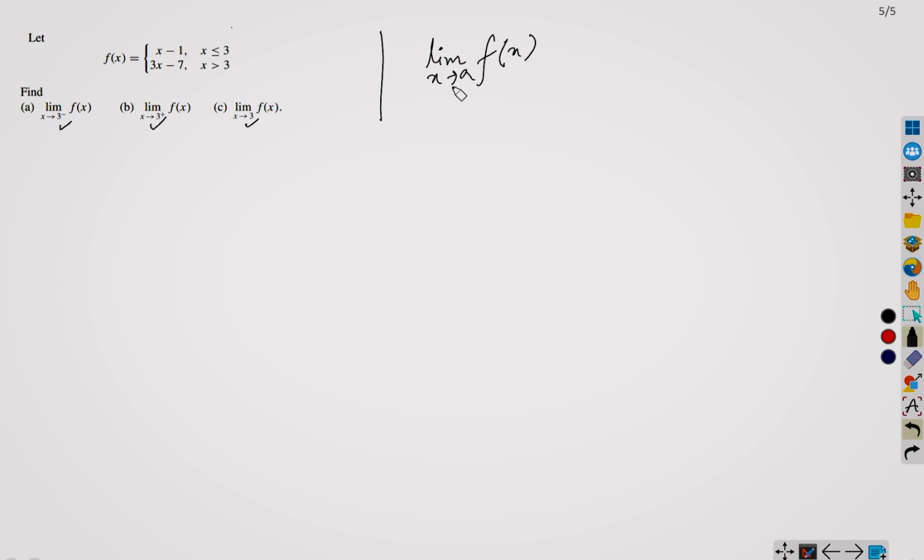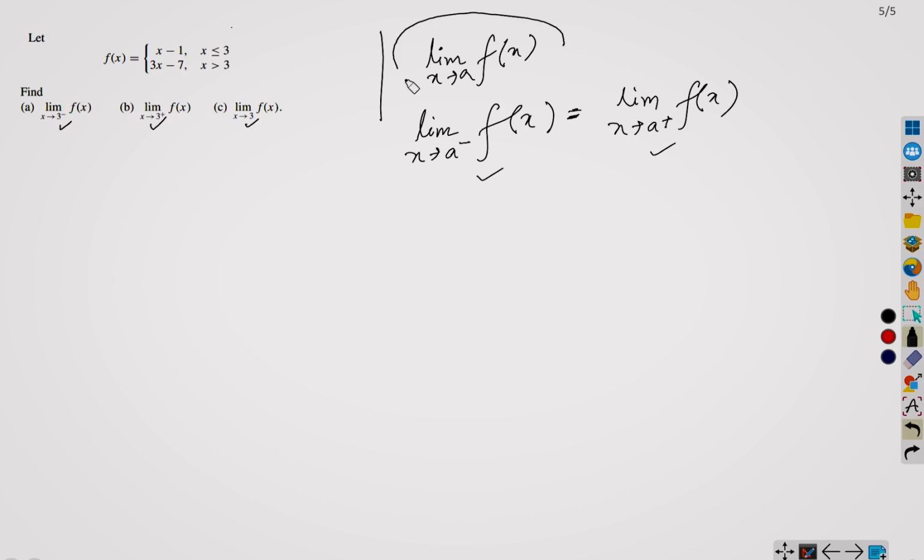We will say that the limit exists only if the left hand limit and the right hand limit both exist and are equal. Only then will we say that this exists.